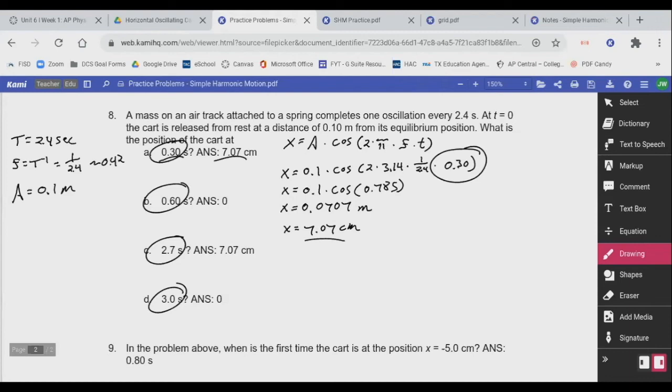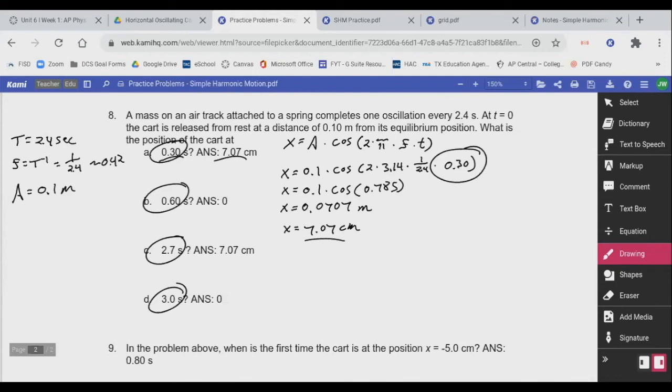Let me tell you exactly what I typed into my calculator. 1 divided by 2.4, enter. I did that fraction first. Then I said times 0.3 times 2 times 3.14, enter. That gave me a value of 0.785. Look and see if you got the 0.785 at that step or if there was a change along the way.